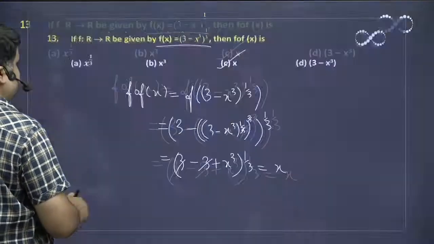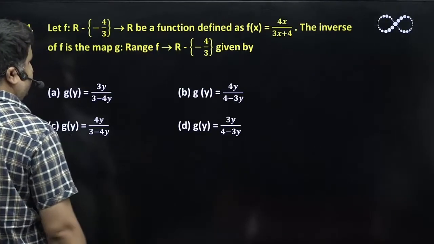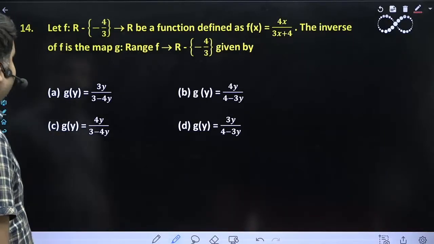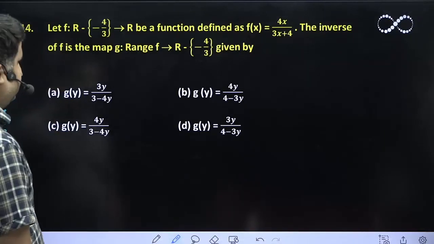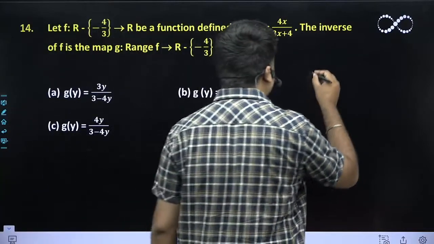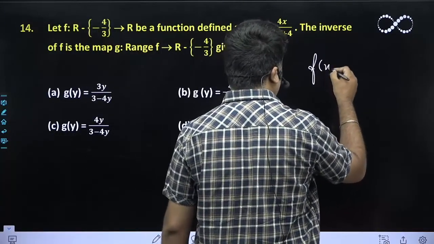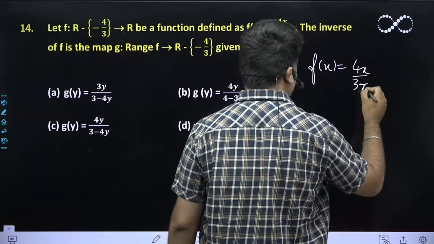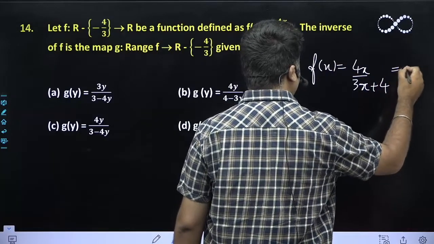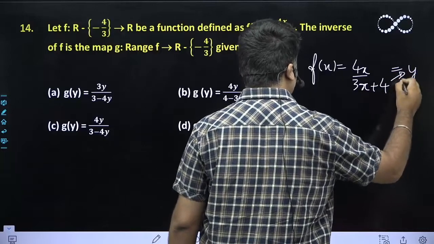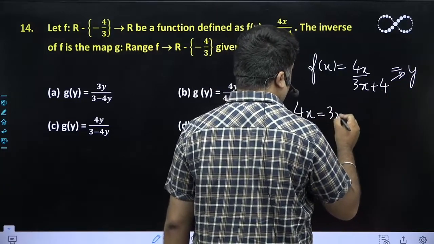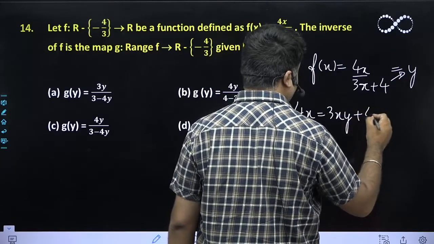So let's see this problem now. We have to find the inverse of this function. f(x) is equal to 4x upon 3x plus 4. So what we can do is we can equate this to y. Now calculate the value of x from here. You get 4x is equal to 3xy plus 4y.